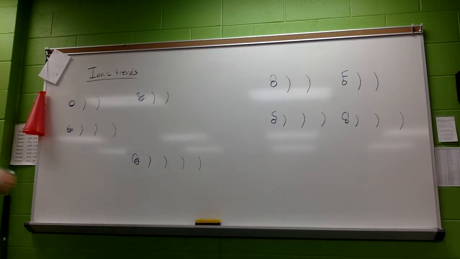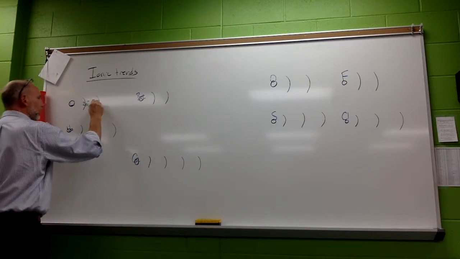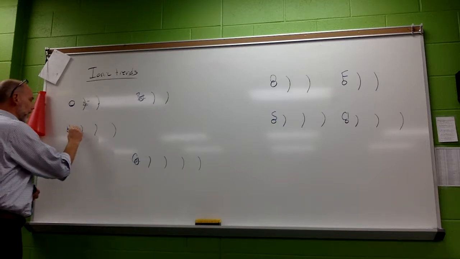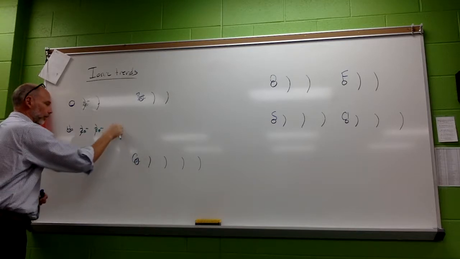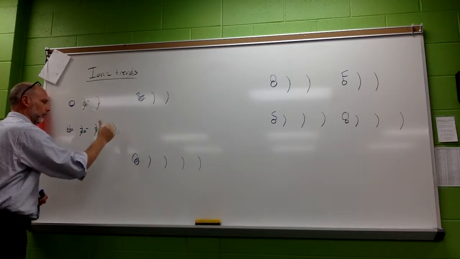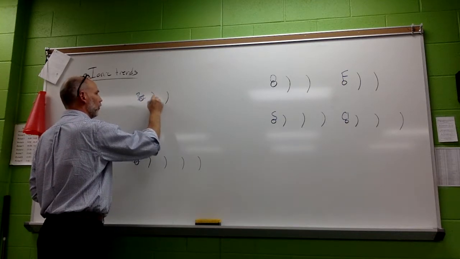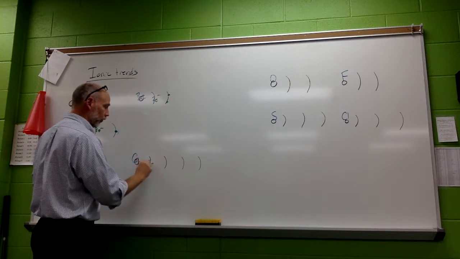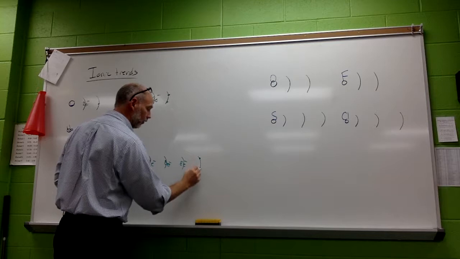Now, remember that lithium has 2 electrons and 1 valence electron. Sodium has 2, 8, and 1 valence electron. Would you guys agree? Beryllium has 2 and 2, and calcium has 2, 8, 8, and 2.